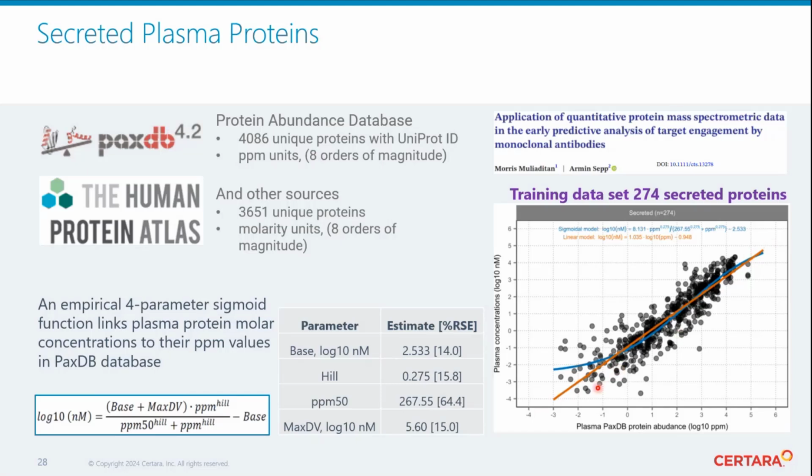And that's a value which spans 5 or 6 orders of magnitude, from lowish picomolars to high nanomolars. So one can literally just look up the ppm concentration value from the database and make a reasonable guess what the concentration of that protein would be in plasma, instead of having to go through tens or hundreds of papers.